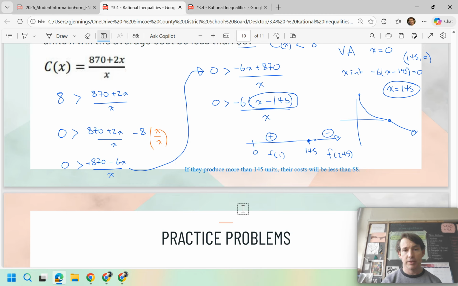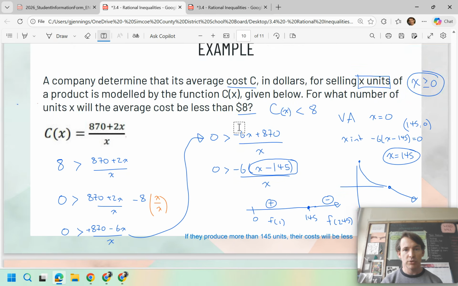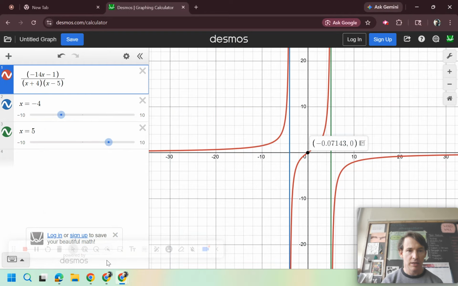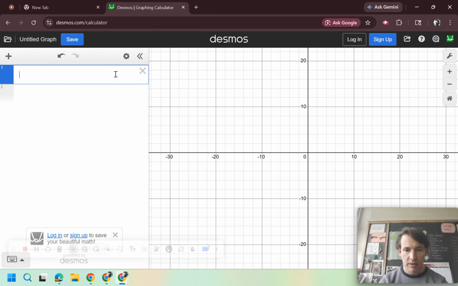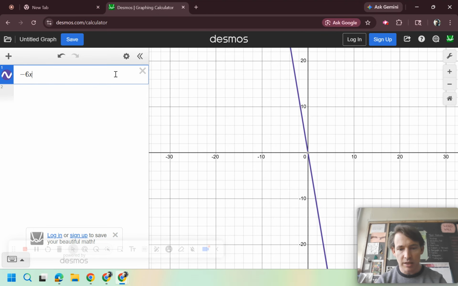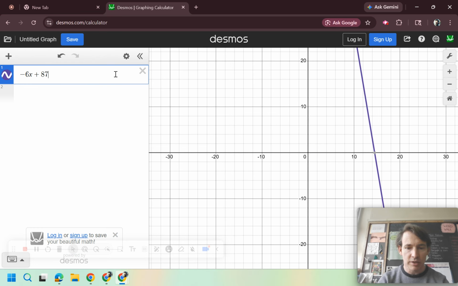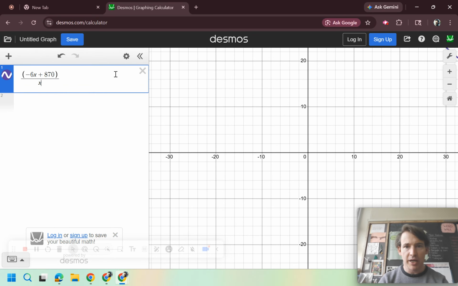Hey, go for it. Look at it in Desmos for argument's sake. Minus 6x plus 870, all divided by x.